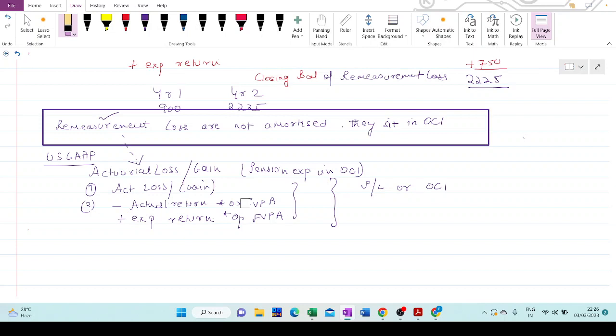Okay, guys, why are companies passing these expenses through OCI and not the income statement? There is a reason behind this. Again, the reason is the same. They do so to reduce the volatility of the pension expense in the PNL, right? So there is an element of smoothing here. If I pass all these expenses through the PNL, my pension expense in PNL would become volatile.